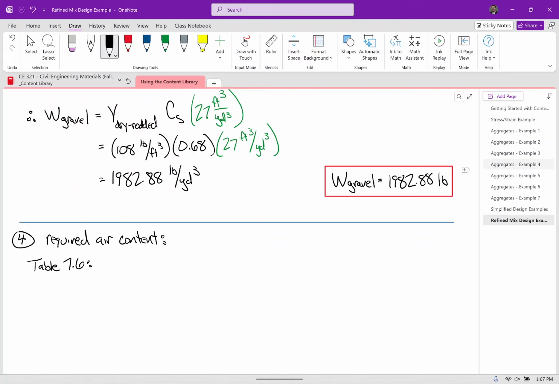Okay, so let's go with 1 inch nominal max aggregate. Let's go with air entrained. Severe exposure, and we get that our percent air is 6%. So that's it. That's all we get from that step.